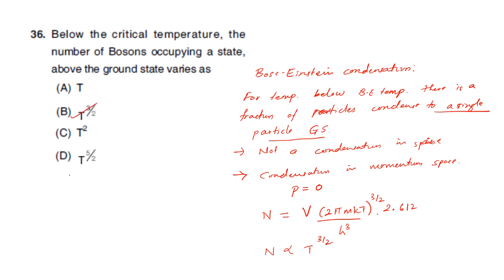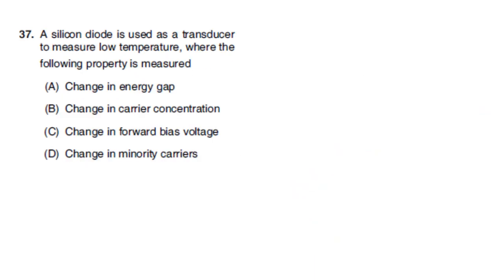Option B is correct. A silicon diode is used as a transducer to measure low temperature where the following property is measured. So here, for example, we can take a thermistor that is used to measure low temperature. The property we use is the change in forward bias voltage. Therefore the answer is change in forward bias.